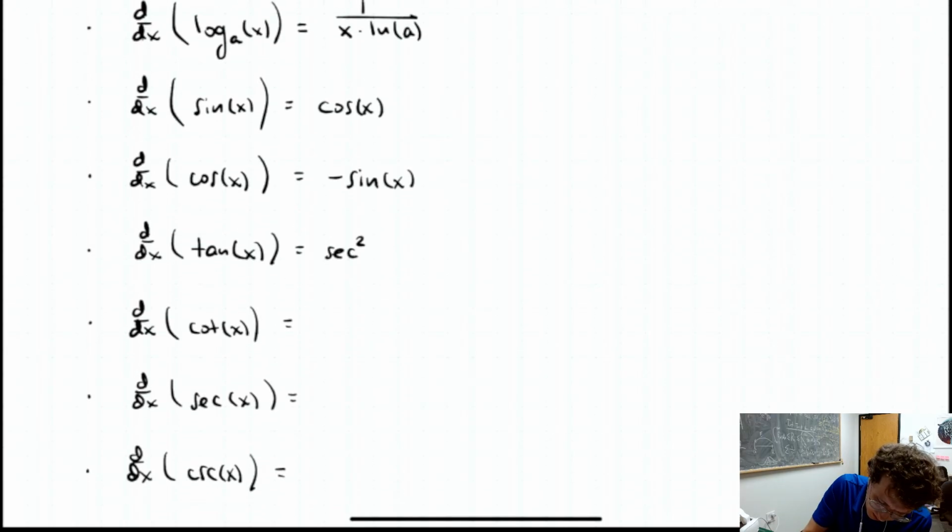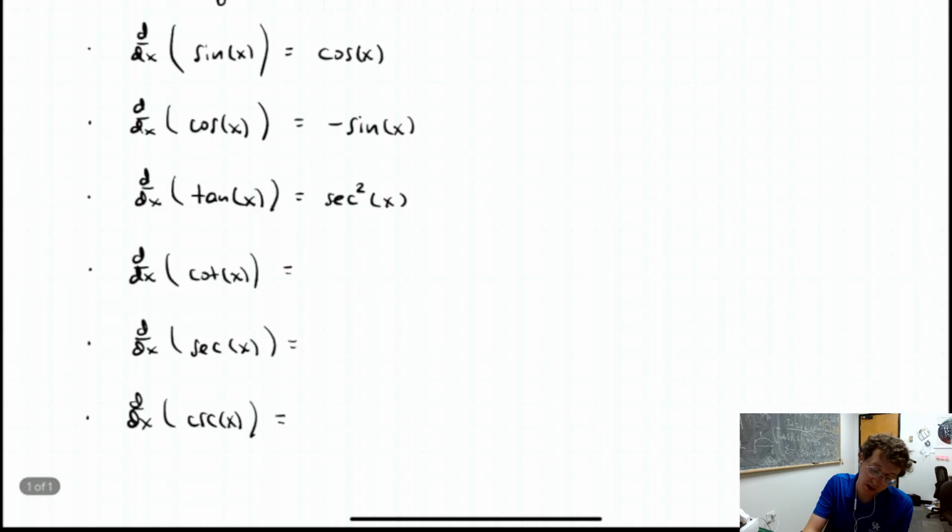The derivative of tangent x is secant squared x. The derivative of cotangent, and as a shortcut to memorization, when you have a pair like tangent and cotangent, the derivatives do the same thing of putting a co in front. So secant squared becomes cosecant squared, and we also throw in a minus sign.